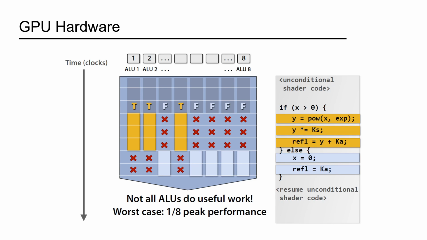One way to avoid this situation would be to group the threads based on which branch they take. If all of the threads on a GPU core take the same branch, then it won't need to execute the other code blocks that don't get reached.